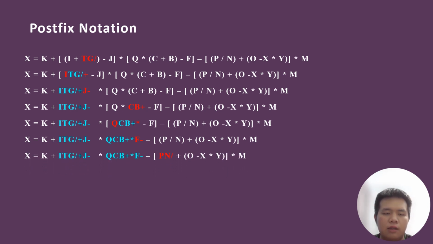So take a look at the third bracket. Move the divide to the behind of N and it becomes PN divide. And then move the multiply to the behind of Y and it becomes XY multiply.